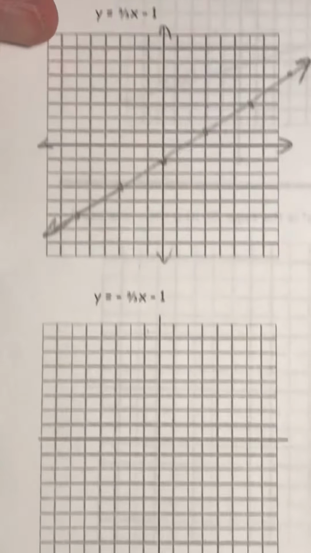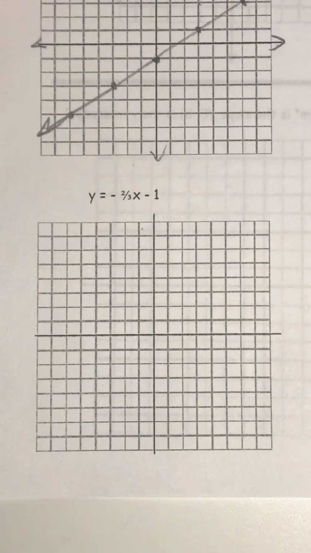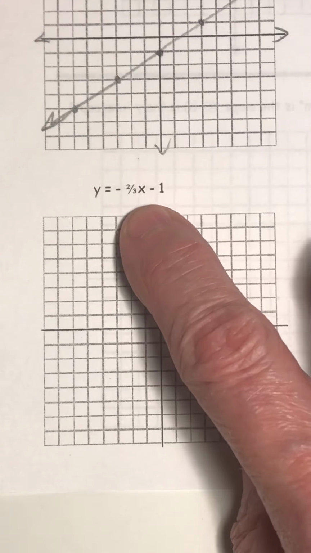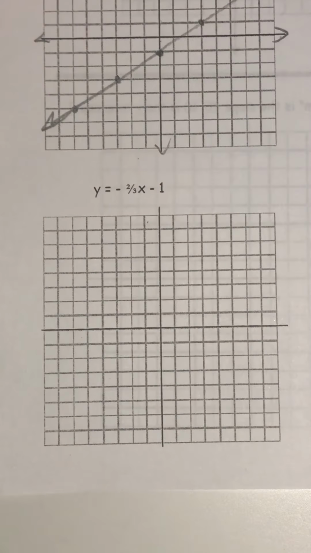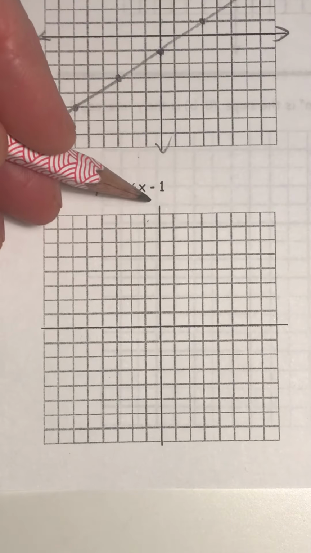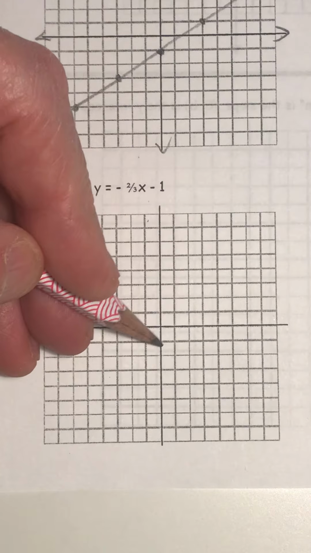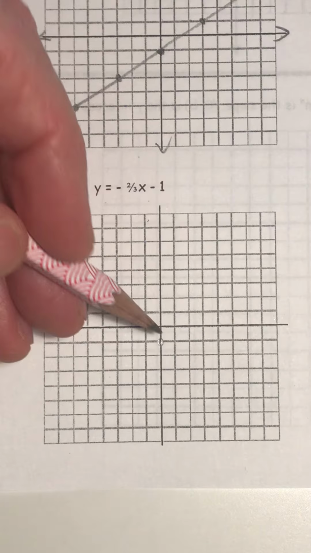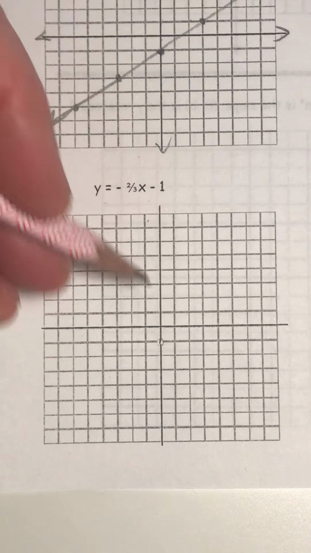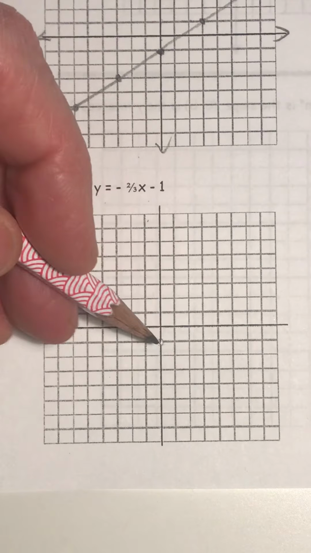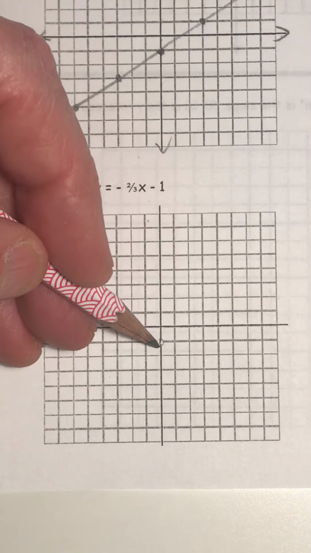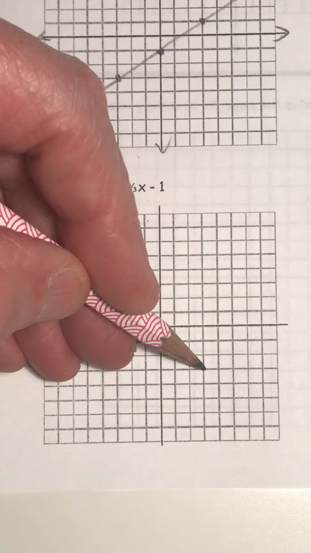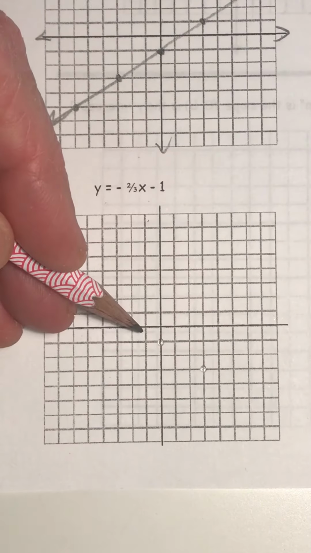Let me go right below, and here's y equals -2/3 x minus 1. So if I graph that, I start at the y-intercept of -1 again, but this time the slope is -2/3, so I want the line to be downhill when I'm finished. So I can go down 2 and over 3, and that'll accomplish that.